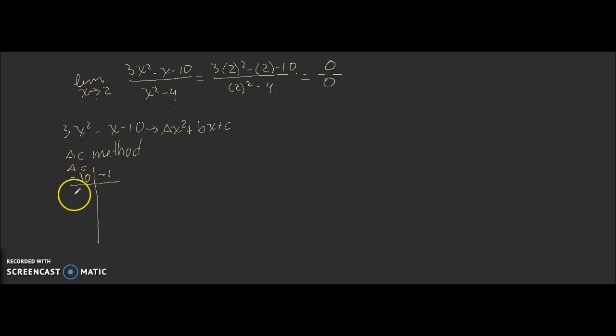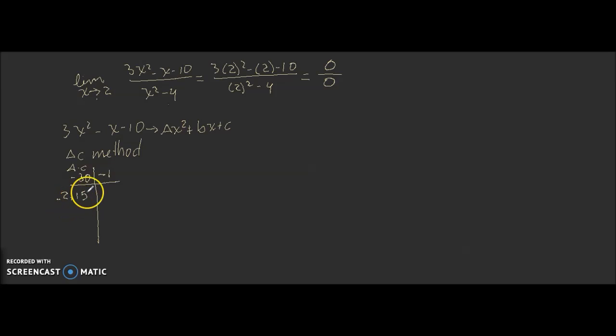Now, mind you, this involves a combination of signs. For example, you could take 2 and 15, and if you put a negative sign in front of the 2, you get minus 30. Also, if you make 2 positive and put the negative sign in front of 15, you'll get minus 30. We're not going to list each one of these combinations. So, let's say 2 and 15 gives me minus 30.